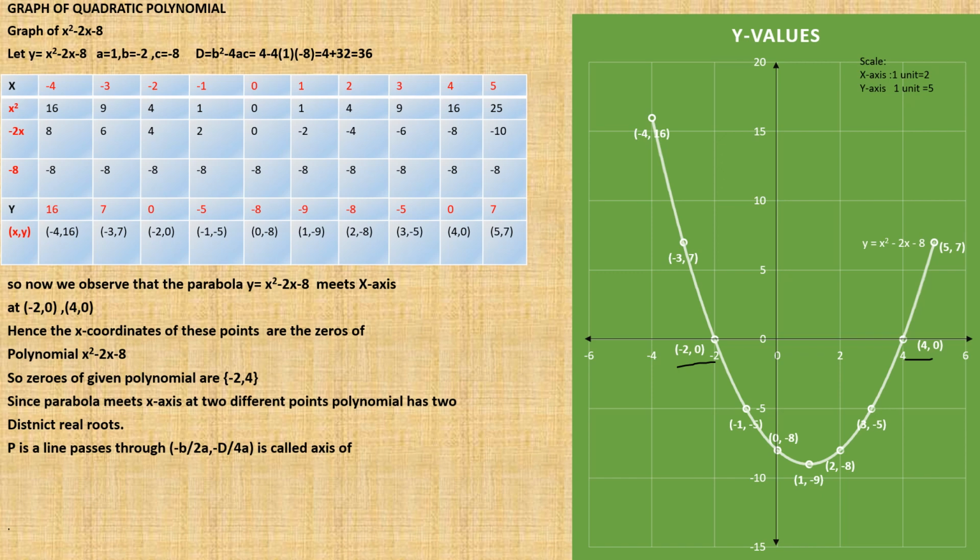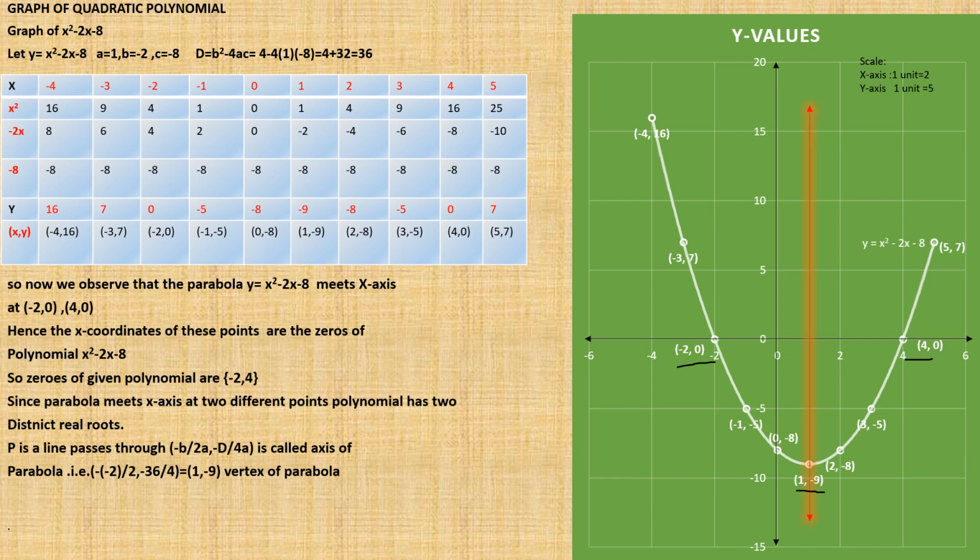And this is another observation. There is a line passing through minus b by 2a, minus D by 4a. What is that? The vertex of the parabola. So how can you calculate that? Already we know b is minus 2. So minus of minus 2 by 2 into 1, that is 1, and minus capital D by 4a becomes minus 9. Once you see that, 1 comma minus 9 will be the vertex of this. I already explained what a vertex is.